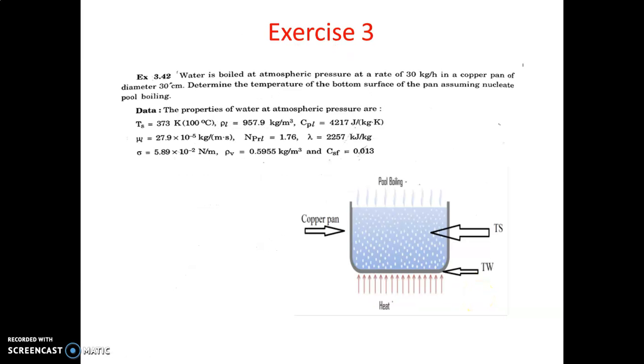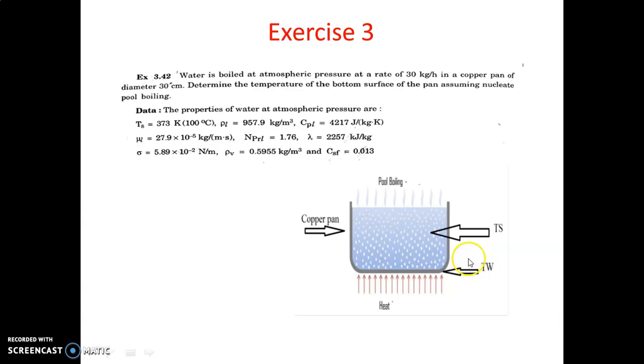So this temperature is TW, and saturation temperature is already 373 Kelvin, that is the boiling point of water. Saturation temperature is nothing but the boiling point of water, which is also given in the problem as 373 Kelvin. So you just calculate the value of TW, which is the answer of this problem. The question is to determine the temperature of the bottom surface of the pan assuming nucleate pool boiling.